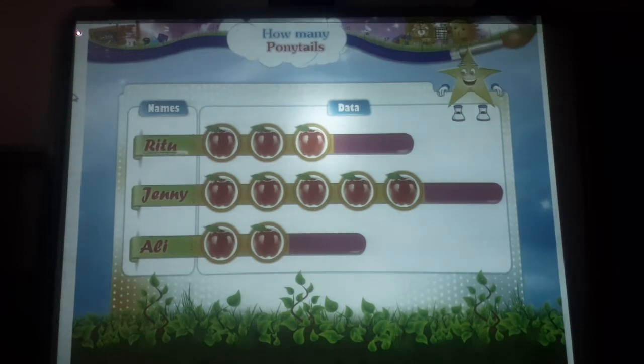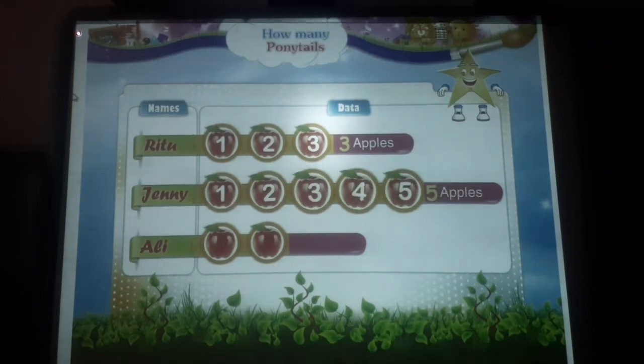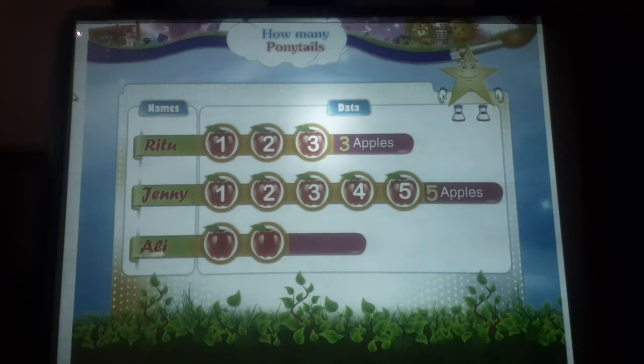She has 1, 2, 3. That is 3 apples. Then comes Jenny. She has 1, 2, 3, 4, 5. That is 5 apples. Ali has 2 apples.